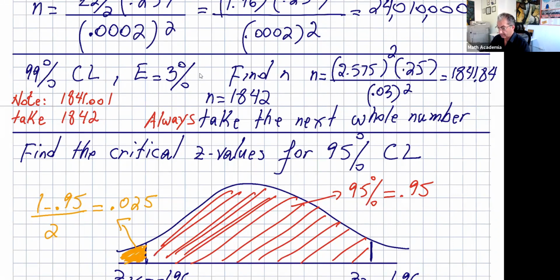Number of people, we can't say we have 1,841.84 people. So what you do, you always take the next whole number, 1,842. Even if it's 1,841.001, take the next whole number. For the sample size, you always take the next whole number. Do not round it, round it up.